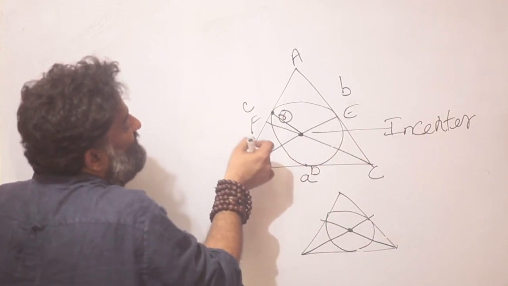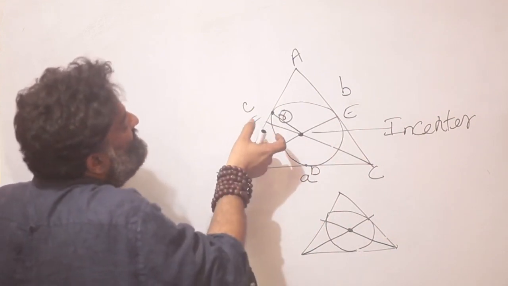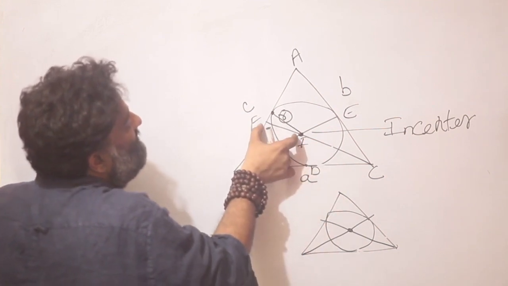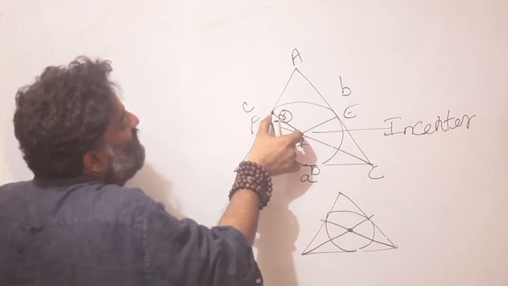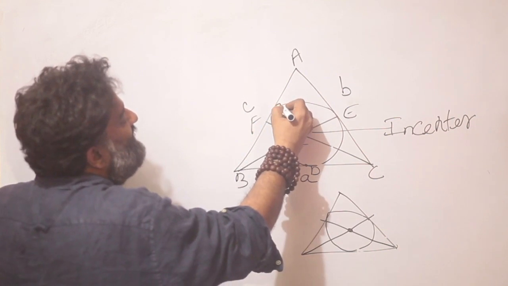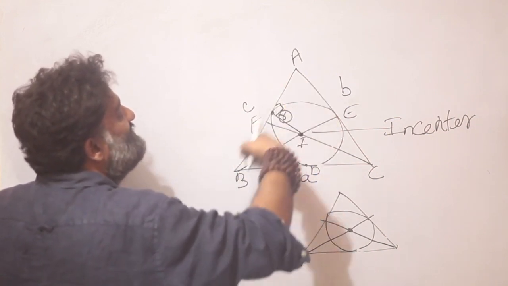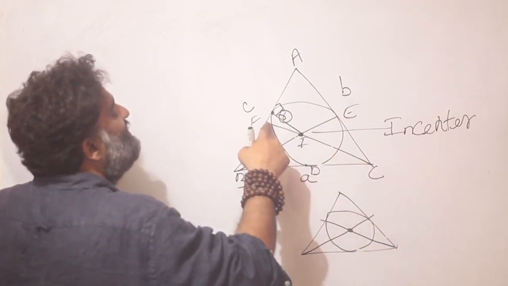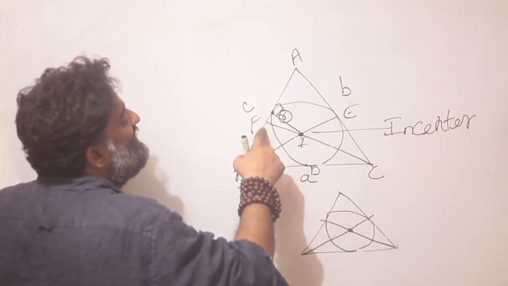Another point that we should notice right at the beginning is that if this point is I, IF is not the radius, because the radius is going to be perpendicular to the side, because the side will work like a tangent to it, and I do not know if the angle bisector creates a 90-degree angle or not.